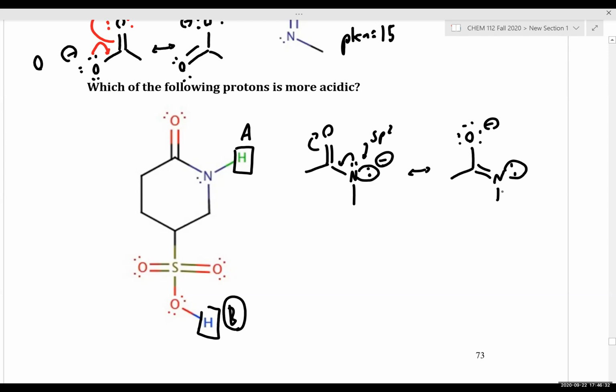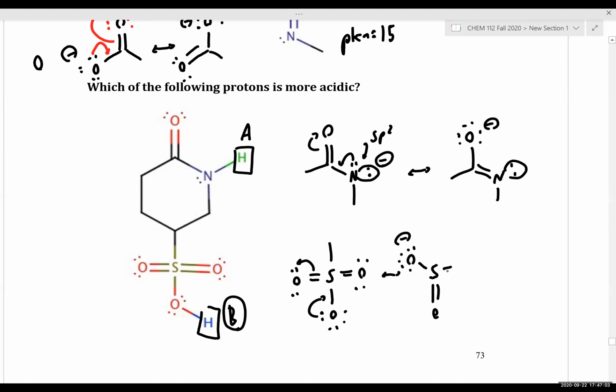If we compare that to the following motif, commonly found in many sulfonic acids, if we look at the conjugate base, as you can see, we are able to readily delocalize our electron density across multiple highly electronegative atoms.